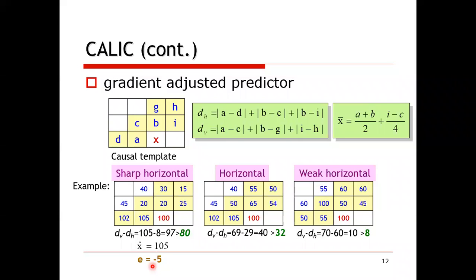It becomes 100 minus 105, which is minus 5. So the prediction error for predicting the value of pixel 100 will be minus 5.